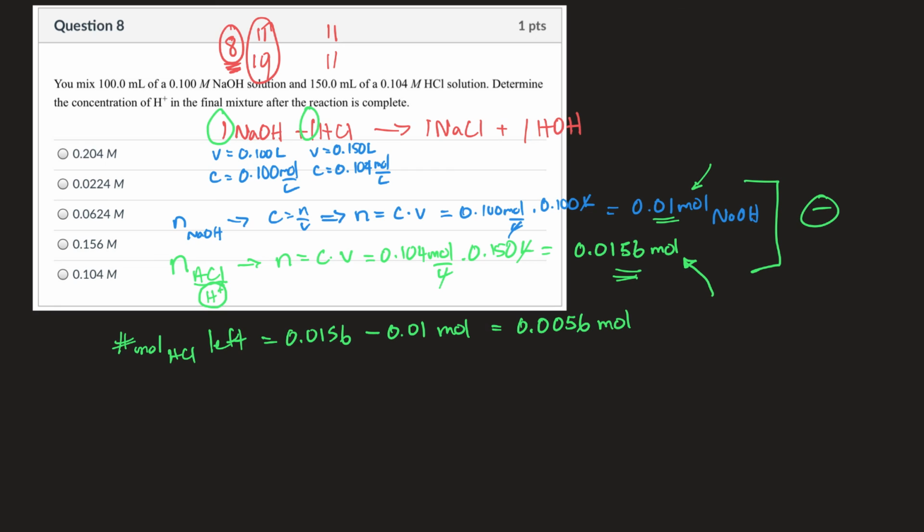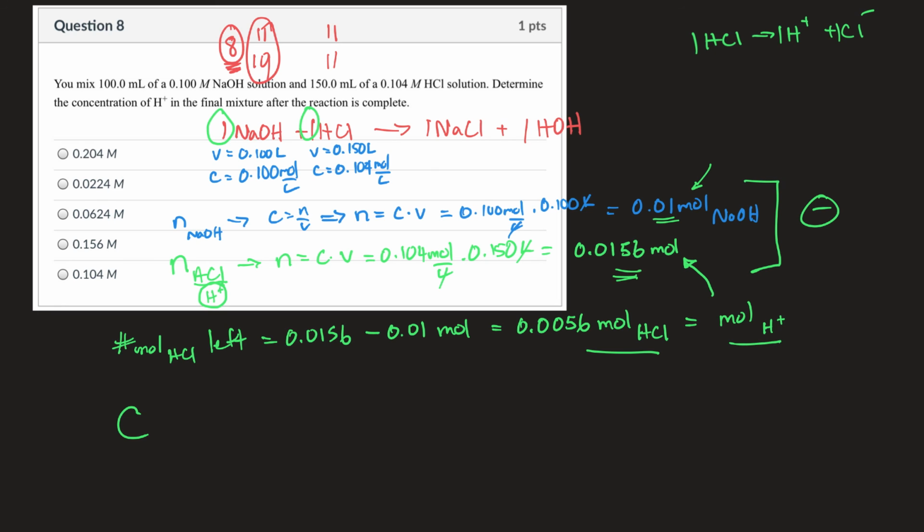Yeah, I think so. Okay, and that's moles of HCl, which is the same as moles of hydrogen ions. Because HCl, if you remember our dissociation, dissociates into hydrogen ions and chloride ions, and it's 1-to-1-to-1. So if I have this many moles of HCl, I have that many moles of hydrogen ions too. Okay, and so they want to know what the concentration of hydrogen ions is.